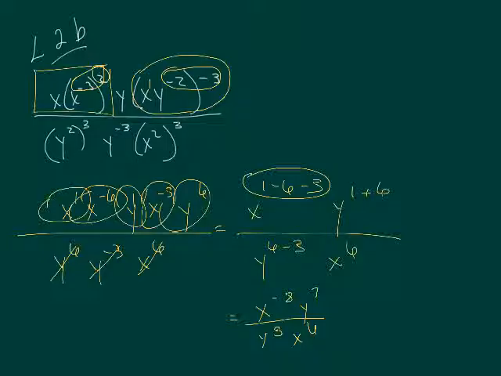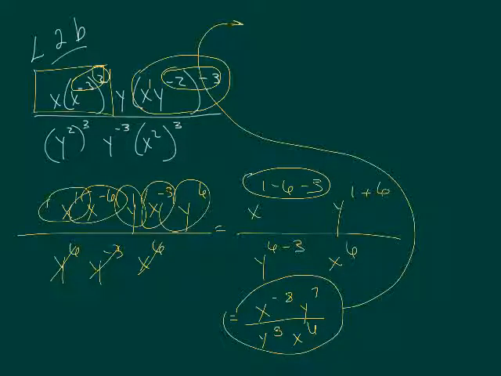Okay, so we can leave it there, but usually what they want to do is they want you to have positive exponents. So let's take this and go clear over here, up there where I have some space, and put these in the right place. Well, the x to the minus 8th is in the numerator position, but it's telling us it's in the wrong place.